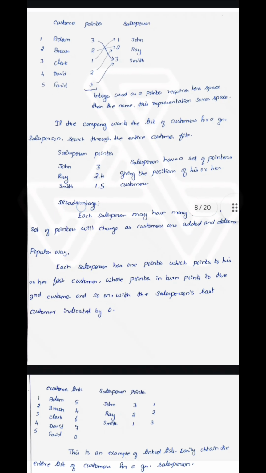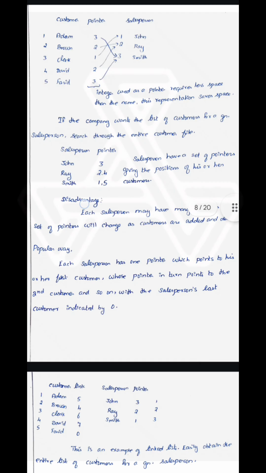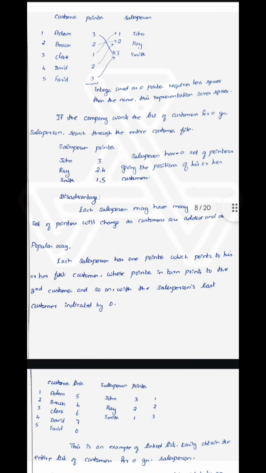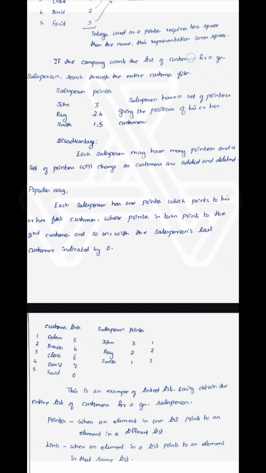This representation saves space. If the company wants the list of customers for a given salesperson, it searches through the entire customer list. Each salesperson pointer has a set of pointers giving the positions of his or her customers.